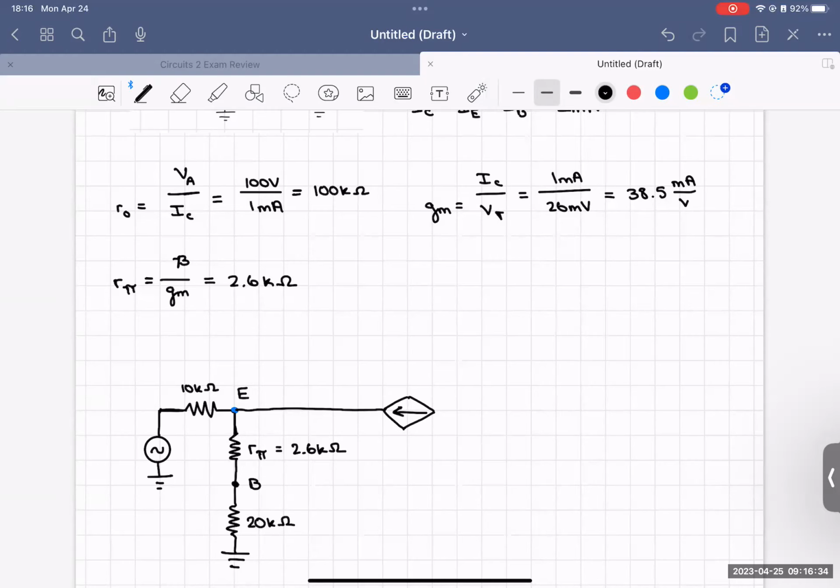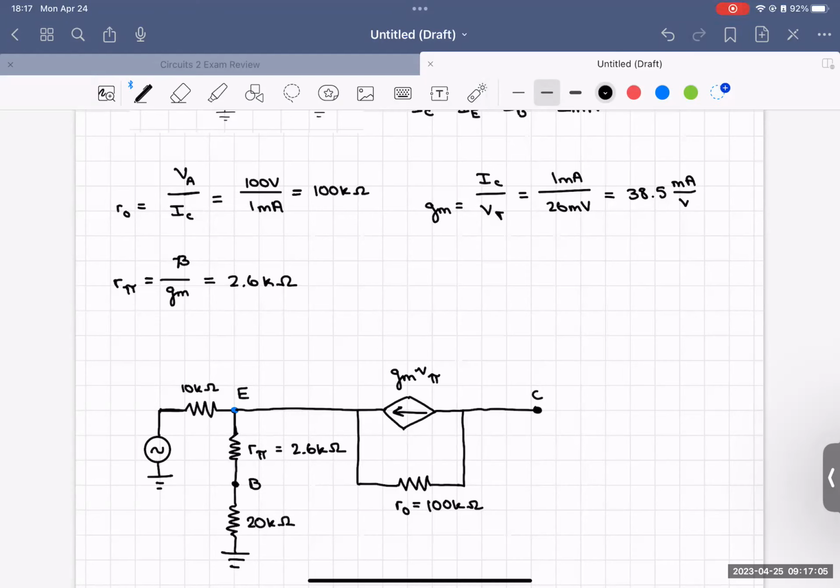And then we have our r o, little r o. Sorry, I switched those up. So we have our little r o down here, which we said was 100 kilo ohms. And then we have our g m v pi there. Looks good.